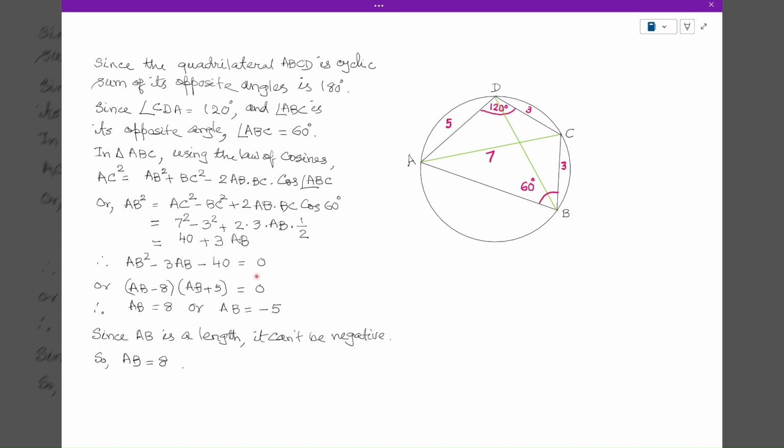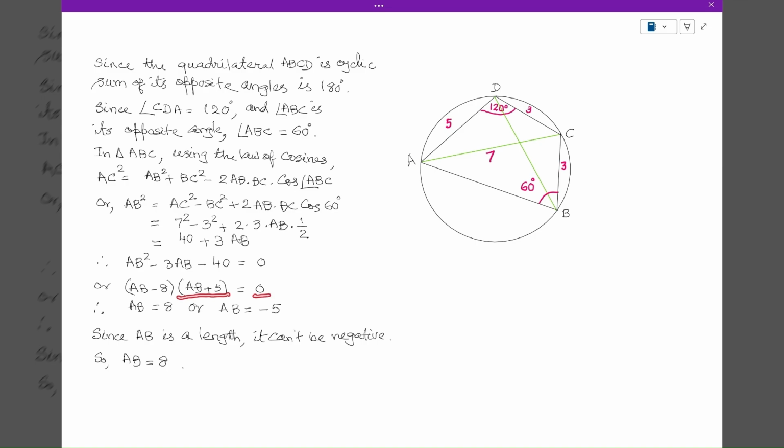By bringing all the terms to one side, we get AB square minus 3AB minus 40 is equal to 0. This is a quadratic equation in AB. We can solve it in many ways, but for this equation, the easiest now is to factorize, which happens to be AB minus 8 multiplied by AB plus 5 is equal to 0.